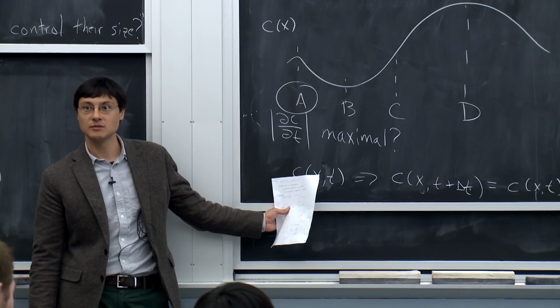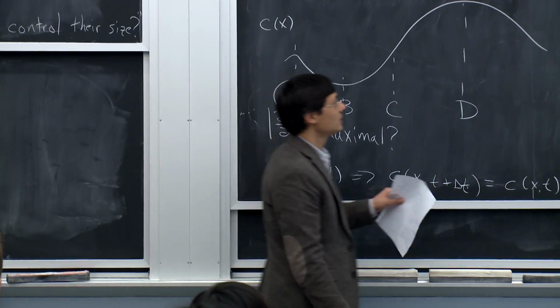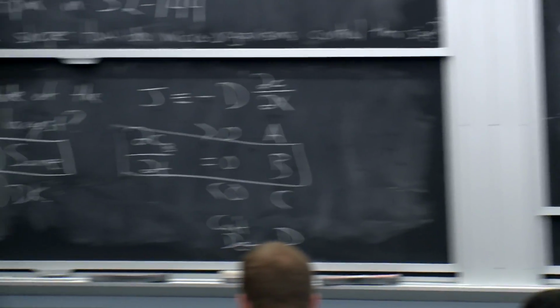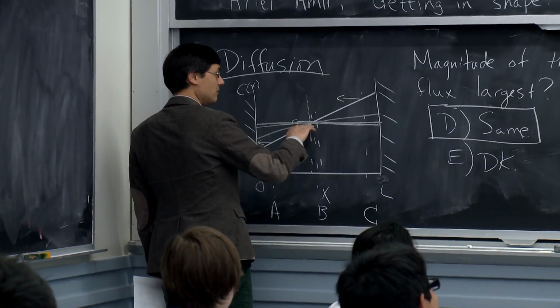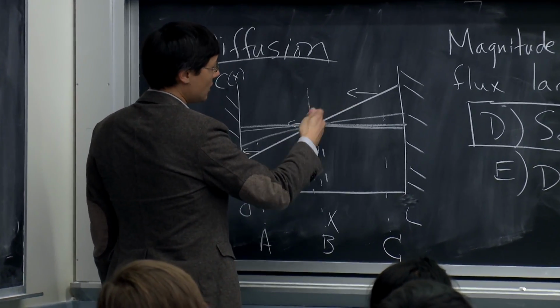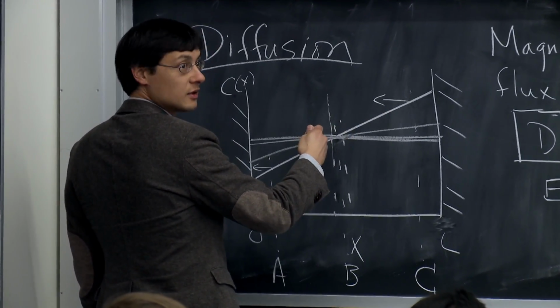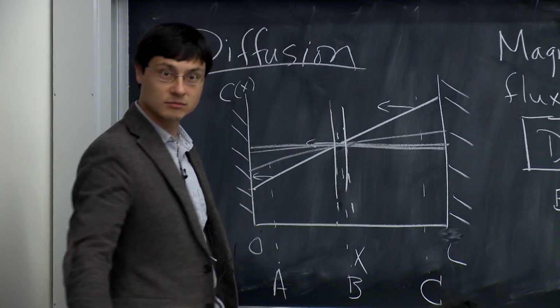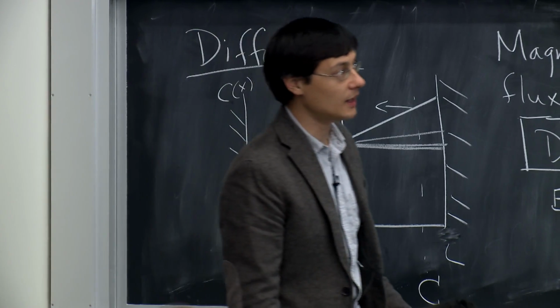Because of the second derivative. So just what we said before: if we wanted to know the change in concentration with respect to time at this point, that was 0, because the flux of particles leaving that point and the flux coming in were the same.